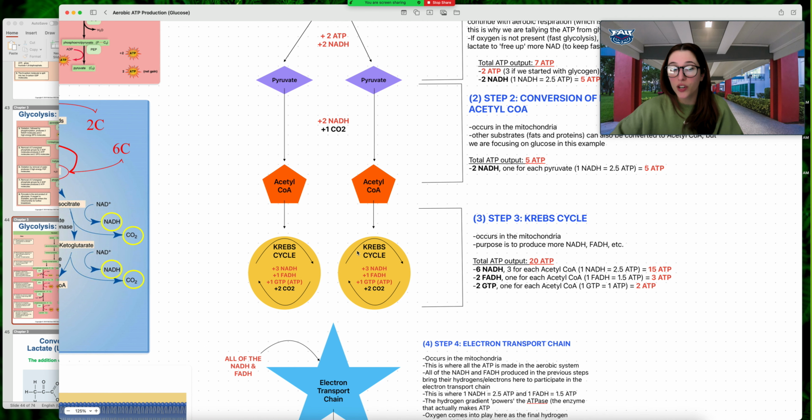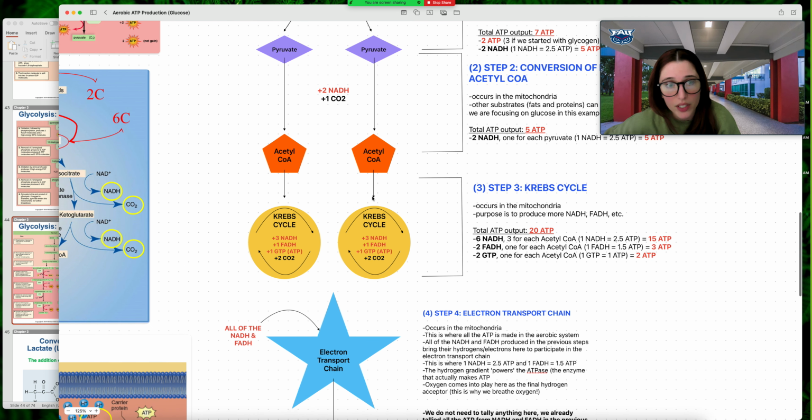Okay, so what is our net production of ATP in step 3, the Krebs cycle? Well, we have to first acknowledge that all of this is happening twice, right? Just like we had to do the conversion twice because we had 2 pyruvates, now each acetyl-CoA is going to go through the Krebs cycle. So there's 2 Krebs cycle turns happening for every 1 glucose, right?